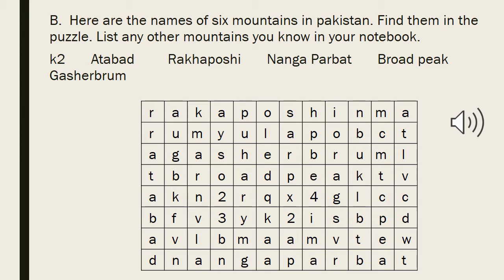If you know any other mountains, then you have to write this question in your notebook and write the names of those mountains that you know. The names of the mountains given in the puzzle are K2, Atabad, Rakaposhi, Gasherbrum 1, Broad Peak, Nanga Parbat.